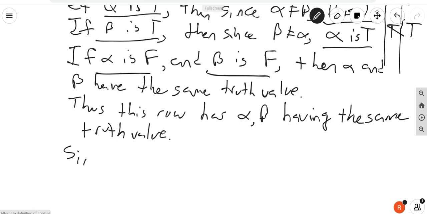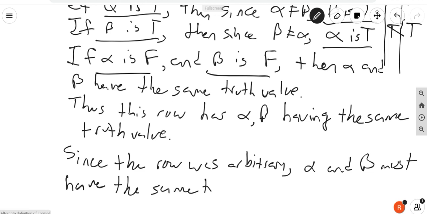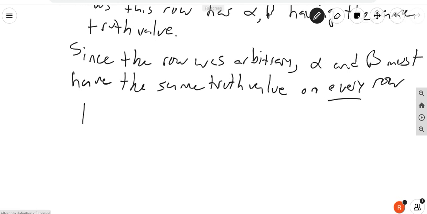But since the row is arbitrary, alpha and beta must have the same truth value on every row. Thus, alpha is semantically equivalent to beta, or logically equivalent, whichever language you prefer.